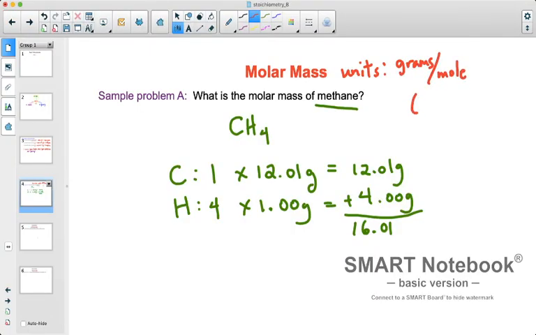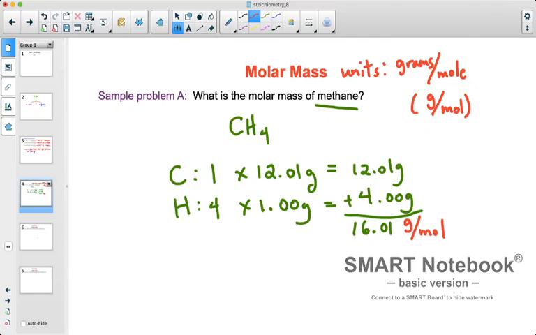And you can abbreviate it lowercase g over MOL. So in order to get the right answer for this question, it's not just 16.01, it's 16.01 grams per mole. And that's really telling us that 1 mole of methane is equivalent to 16.01 grams.